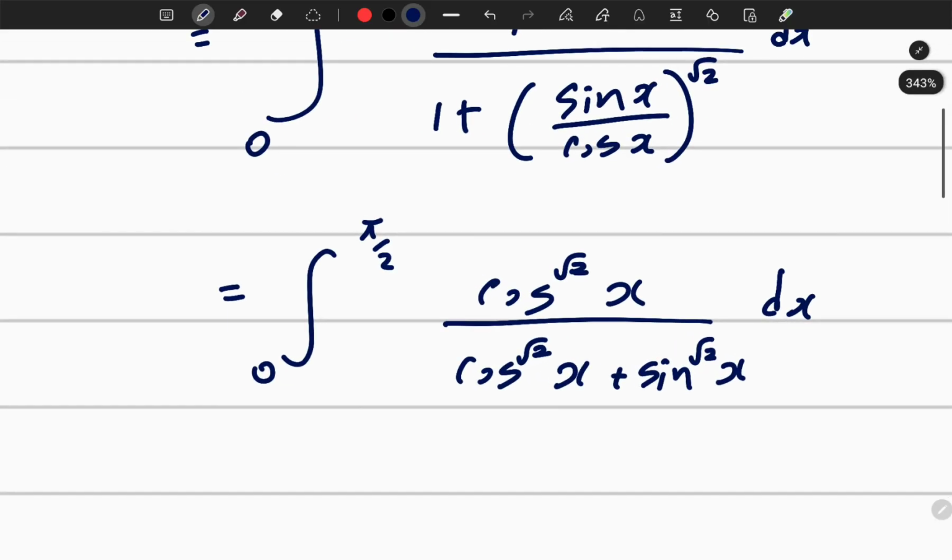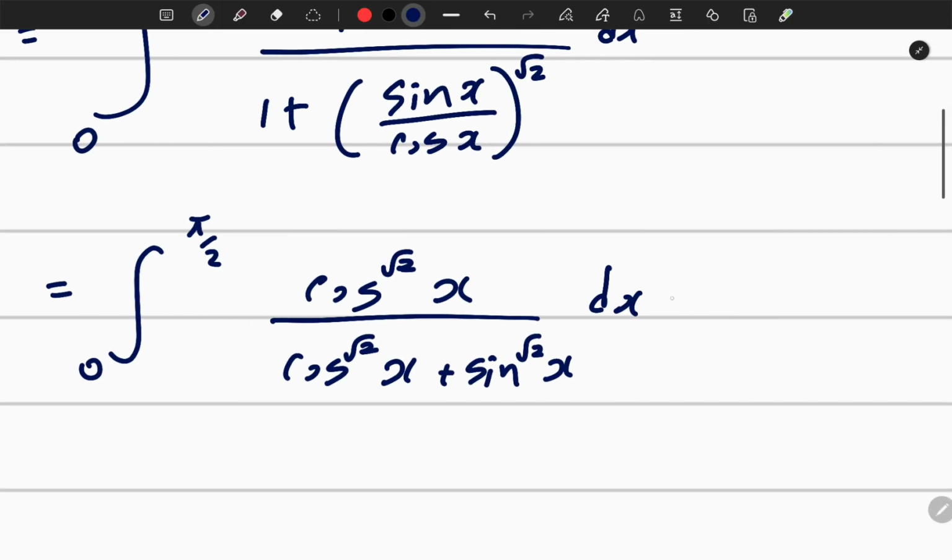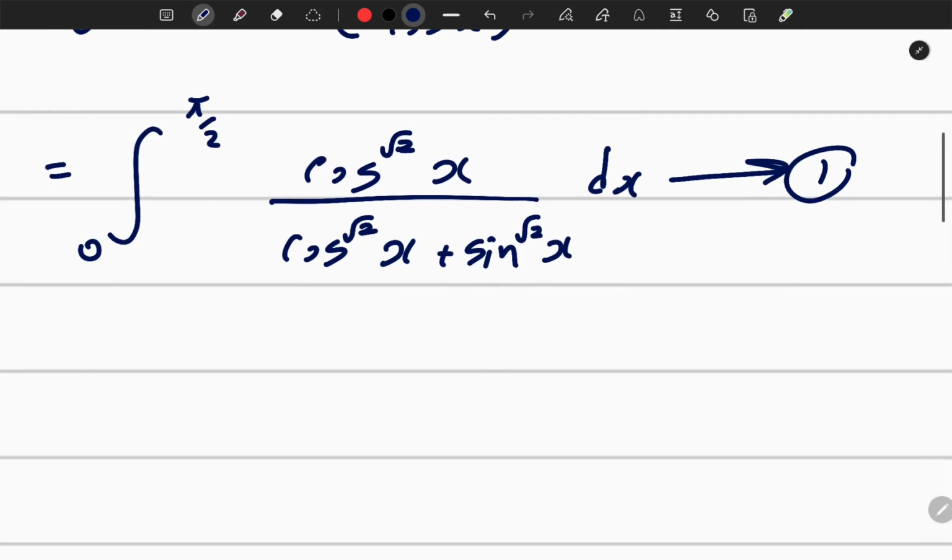Let's name this as I. So this is my first equation.